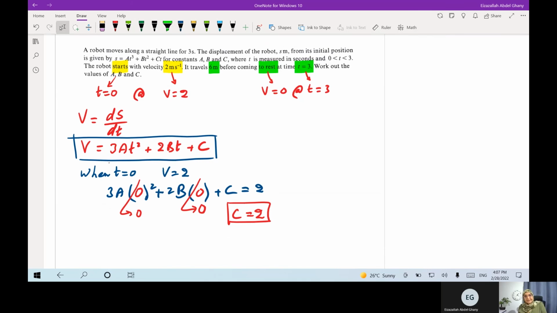Another information. When t is 3, the velocity is 0. So just substitute here 3a bracket squared. Remember that you got c already. 3a bracket squared plus 2b brackets plus c, which is 2, is equal to v. V is 0. So inside all the brackets, you substitute for t 3.